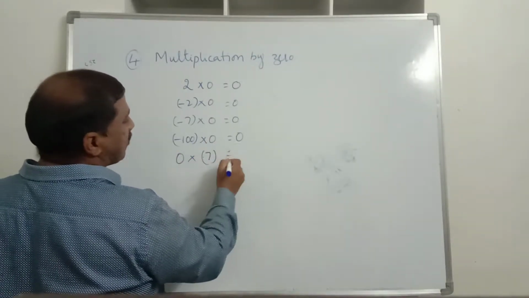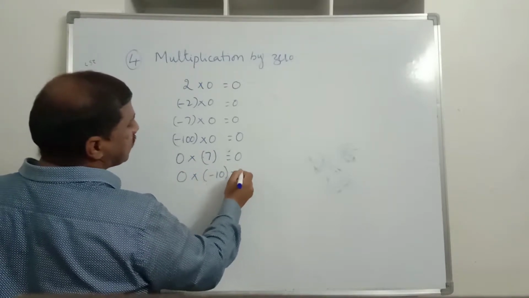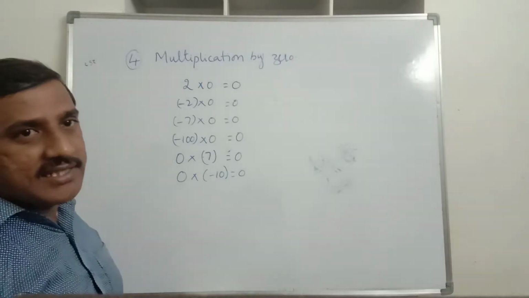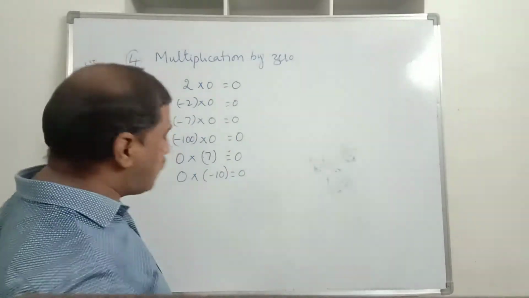0 into 7 is equal to 0, or 0 into minus 10 is equal to 0. What can we conclude from this? When any number is multiplied by 0, the result is always 0.